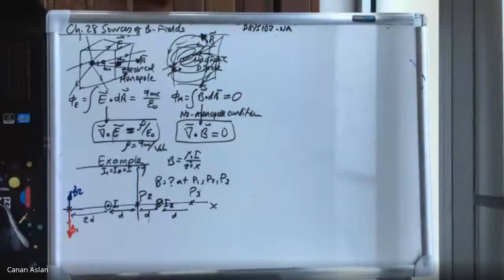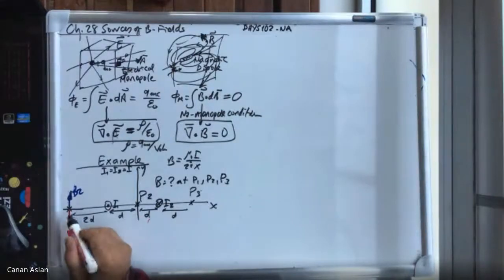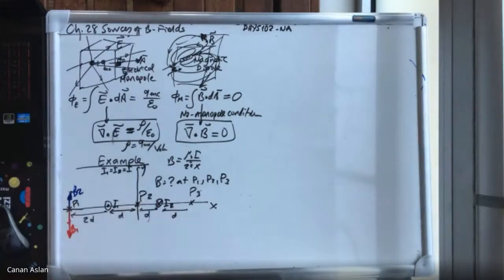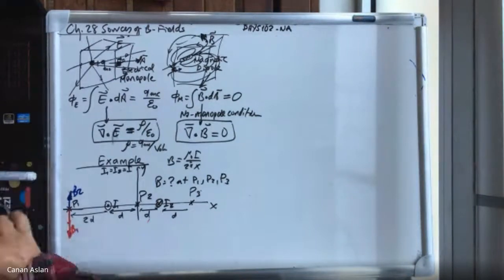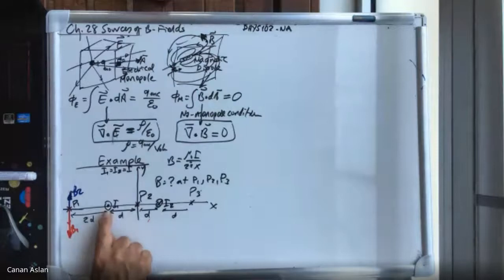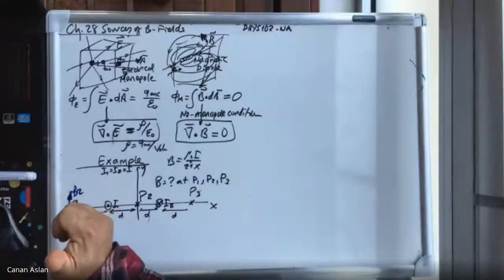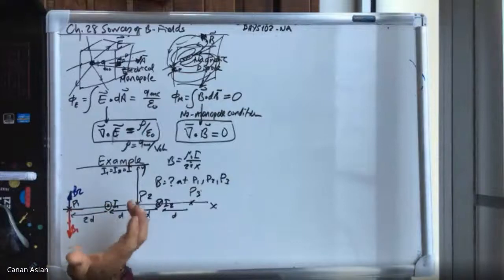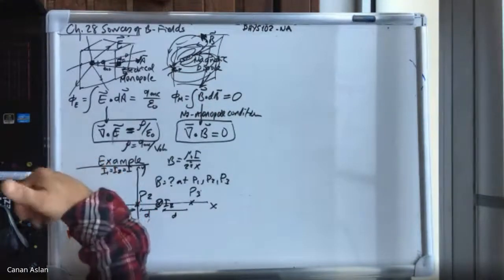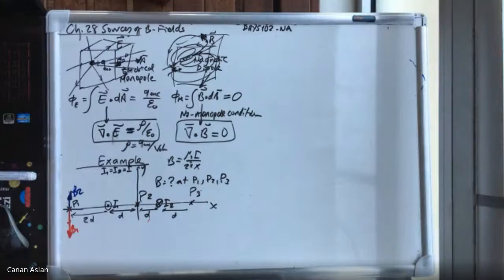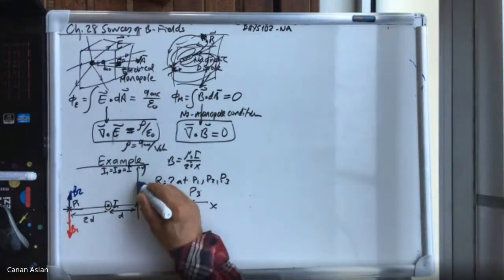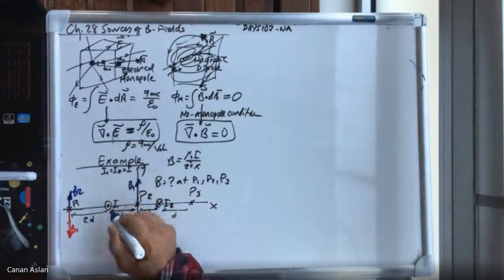But in the middle, so this is our point, in the middle both of the magnetic fields will be in the upper direction. Why? Because remember that I1 is outside the board. So if you do this, the magnetic field direction will be upward, like that, B1 due to I1.